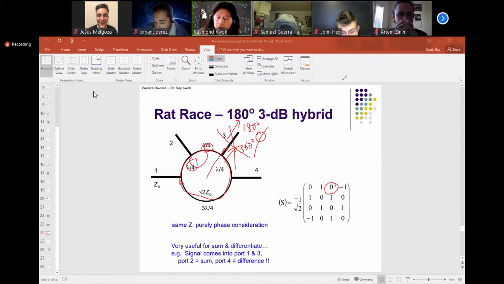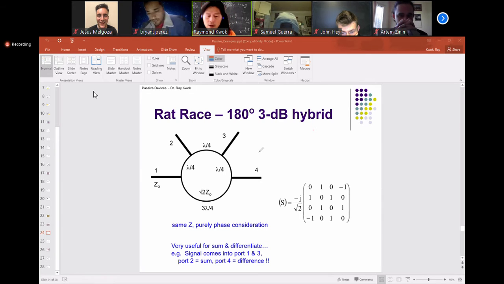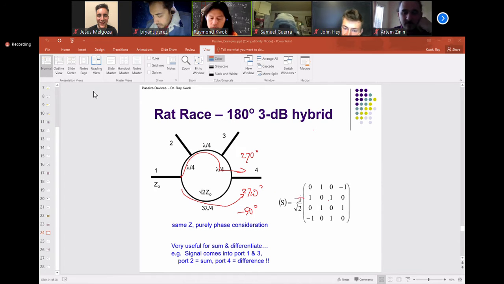Are we okay? Port 4 is going from 1 to 4. That's 3/4, so that is 270. And this is also 270. That means it's minus 90, right? Minus j, plus j, 90.